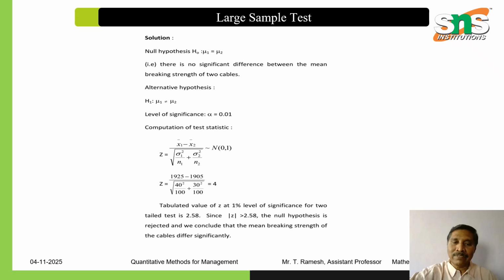Since the calculated value is 4 and the table value is 2.58, the calculated value is greater, therefore the null hypothesis is rejected. That is, we conclude that the mean breaking strengths of the cables differ.